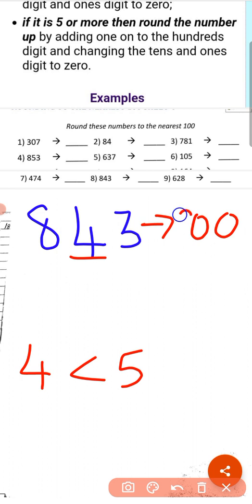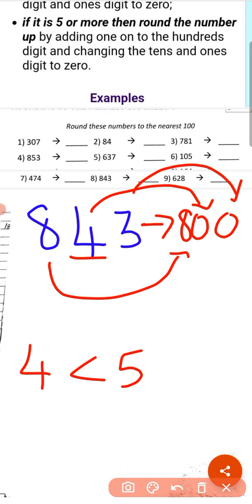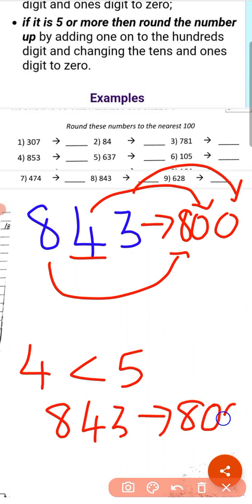Then write the digit at the hundreds place. Here 4 is less than 5. So replace ones place and tens place with 0. Then write the hundreds place digit. Here the digit at the hundreds place is 8. So 843 becomes 800.